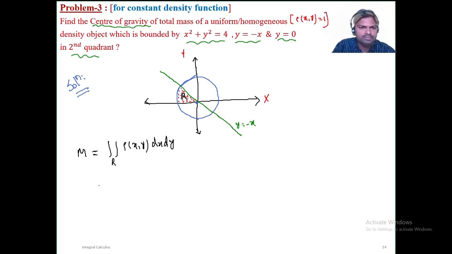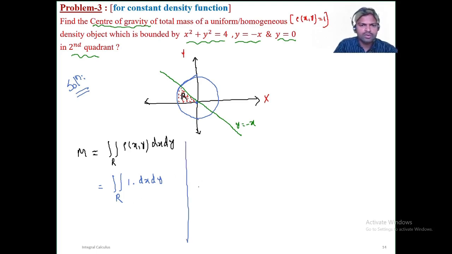Therefore this becomes the double integration over R of rho of x comma y, which is 1, into dx dy. Since it's a part of a circle, I can approach with the polar coordinate system. You can evaluate easily if you approach it that way.